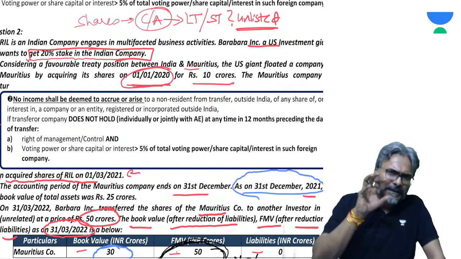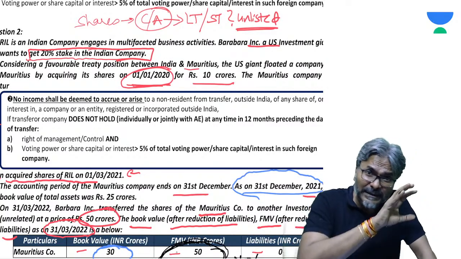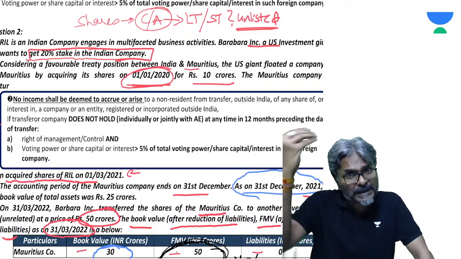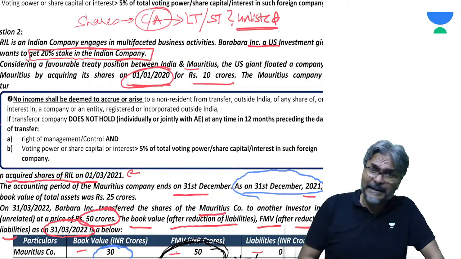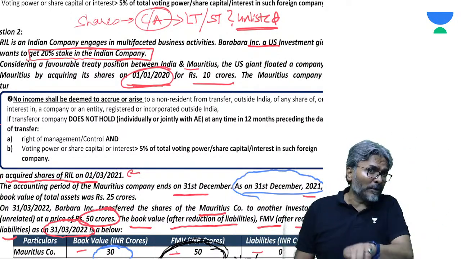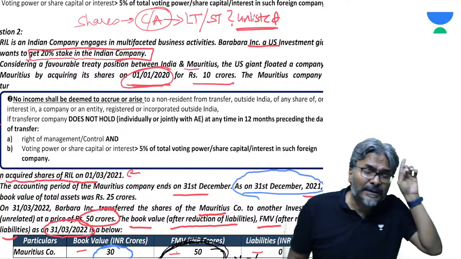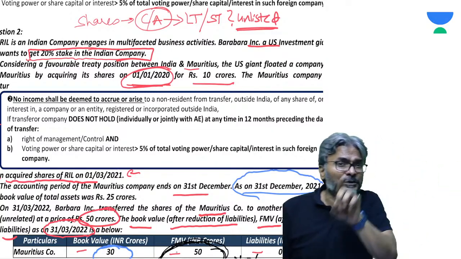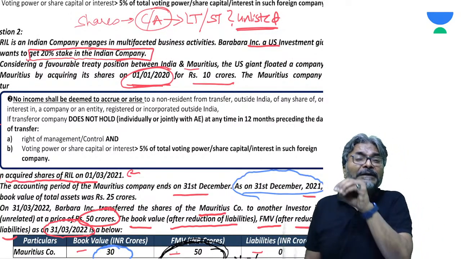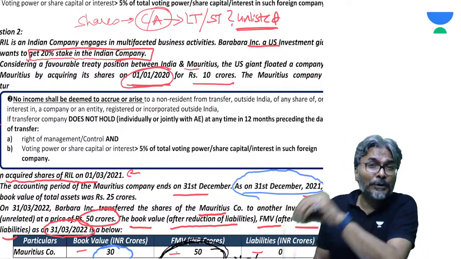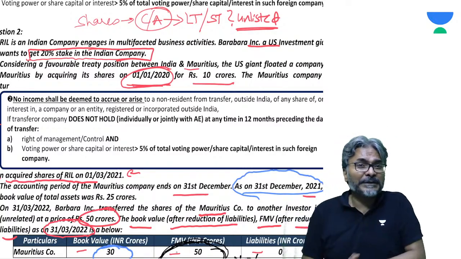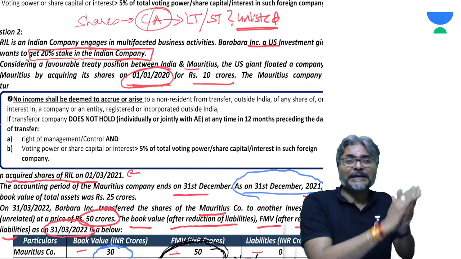Even if the Mauritius company derives its value substantially from the Indian asset, it doesn't matter. The fact that the transferor of the shares of that Mauritius company doesn't have voting power of more than 5% means they are the minority shareholder.